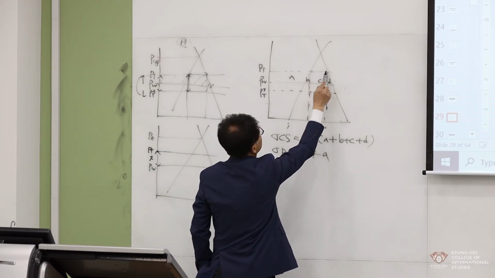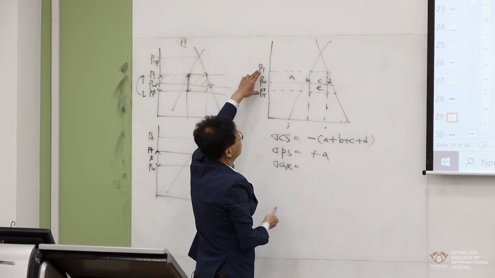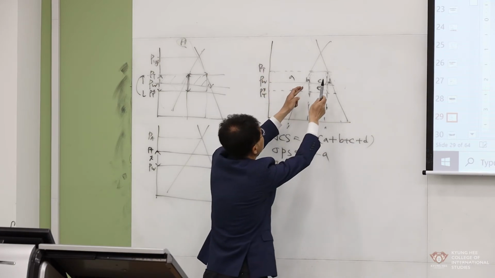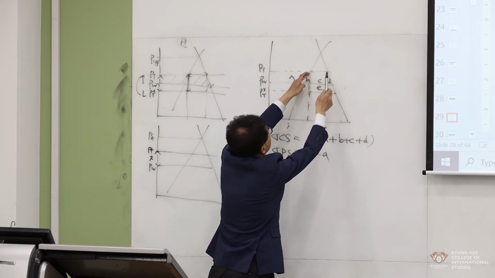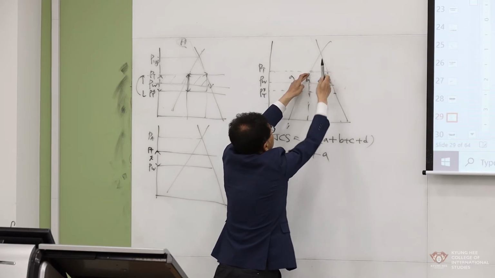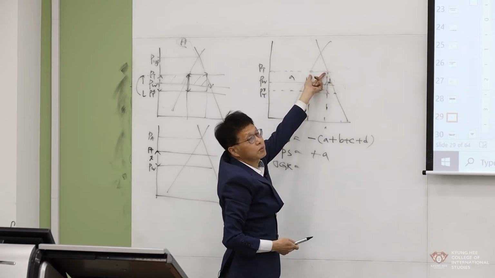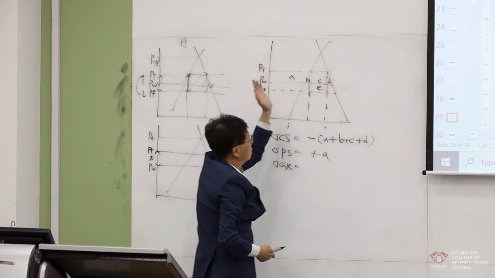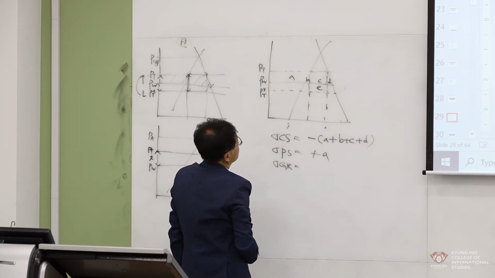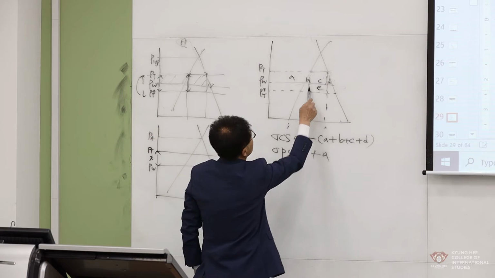Change in government revenue is tariff collection. Tariff collection is this one. PT minus PT star is the tariff rate, and QT is this one. At this price, there is domestic demand and domestic supply. The gap between the two is import, which is equal to this area.